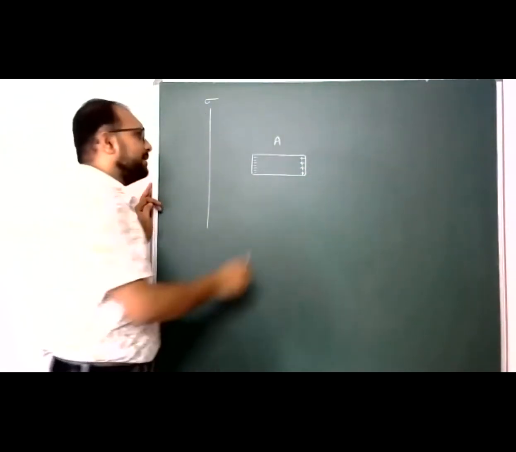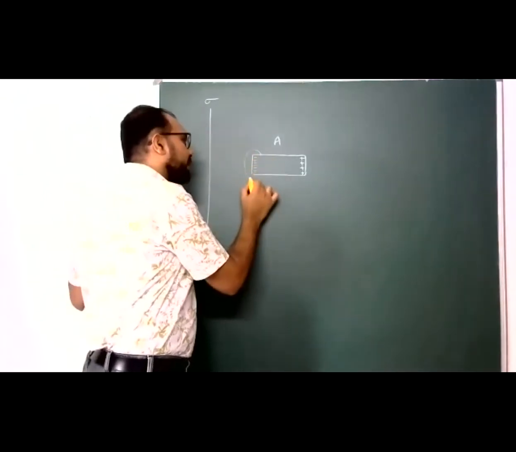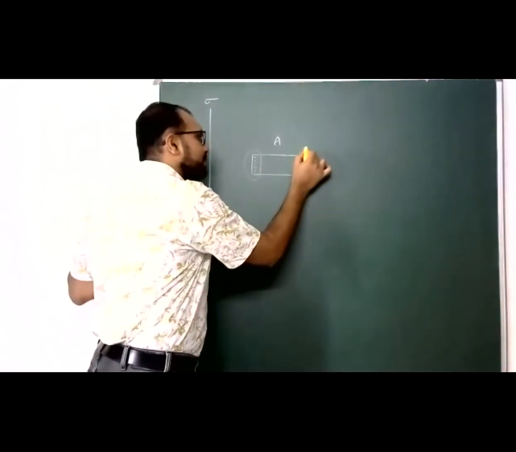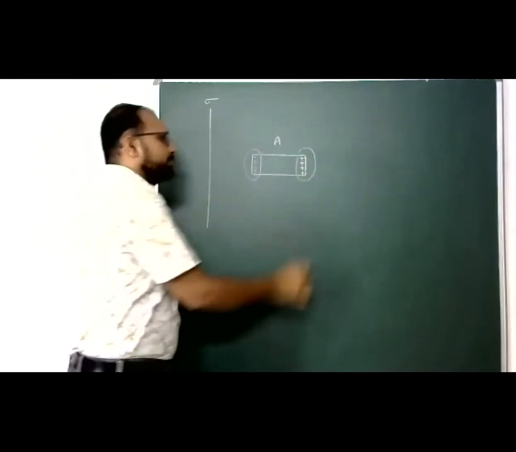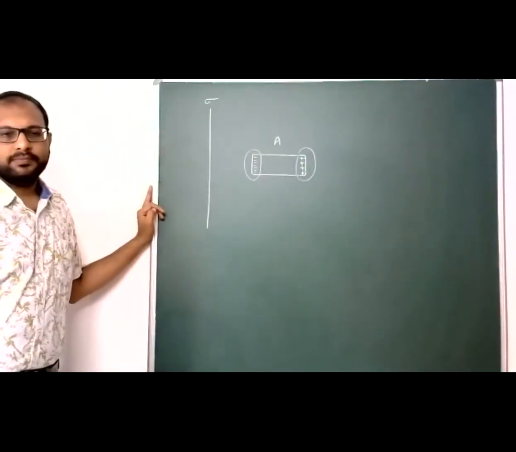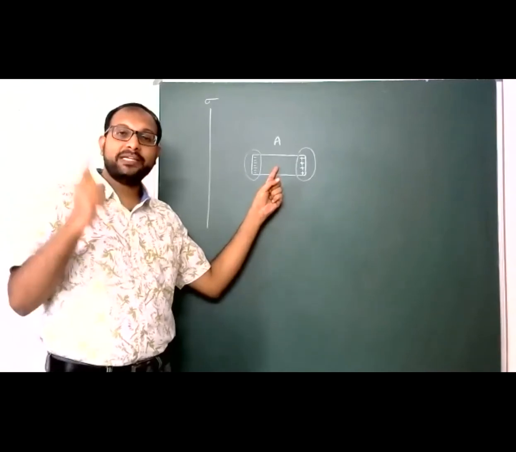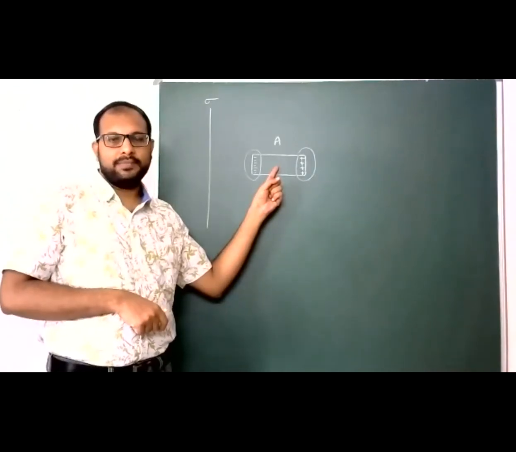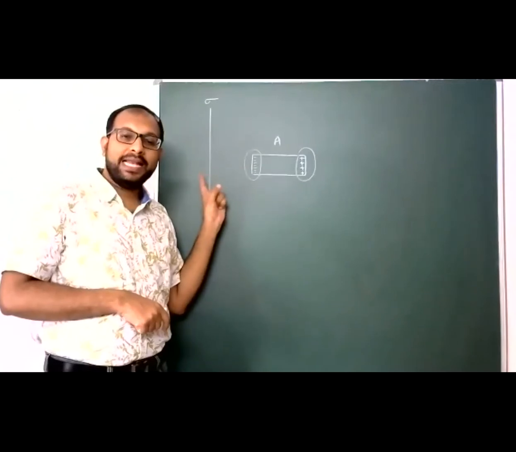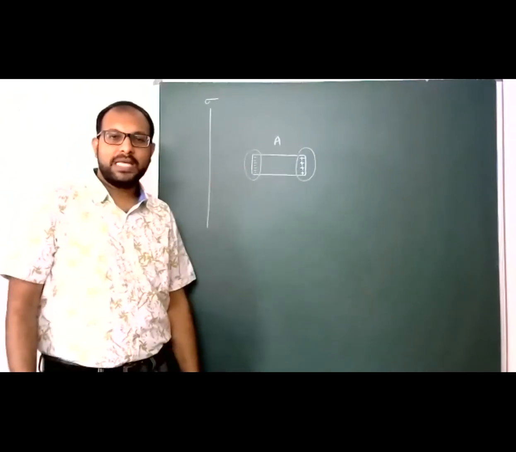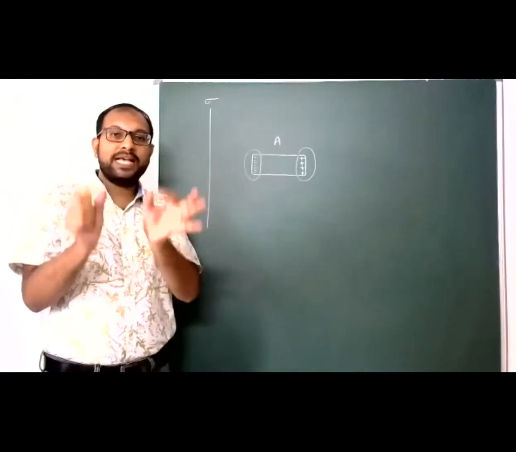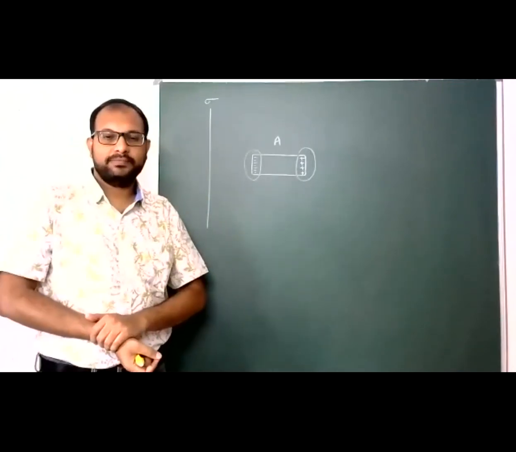That means finally this end becomes negative, this end becomes positive. So the separation of free electric charges due to external electric field, that separation is known as an induction.